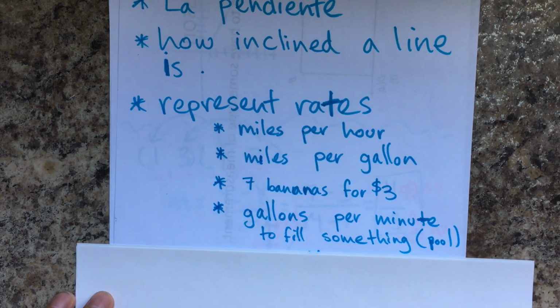Those are some examples where you can see the slope being used. The slope is always next to x when we have y equals mx plus b.